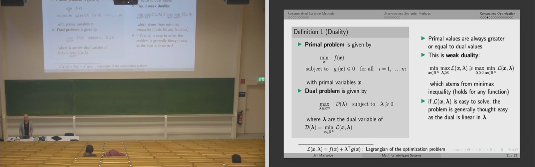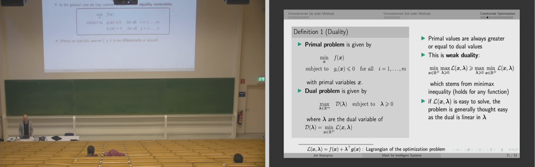Because maximizing with respect to the dual variables, to the Lagrange multipliers, is just a linear function. So the Lagrangian is just linear in the Lagrange multipliers, right?